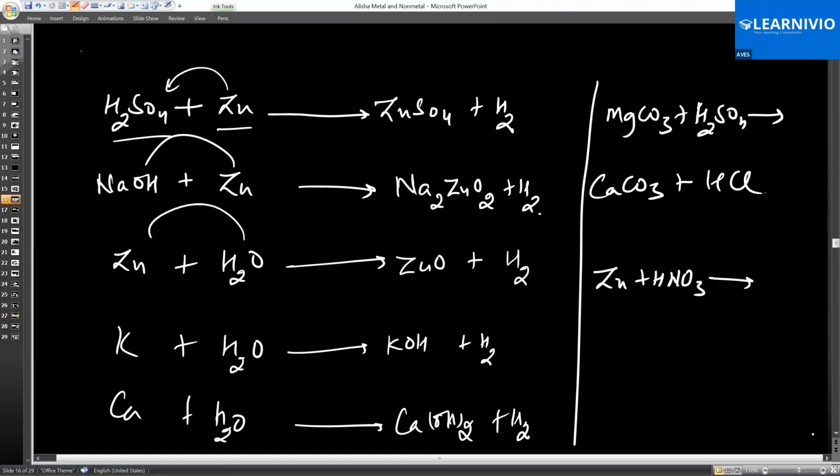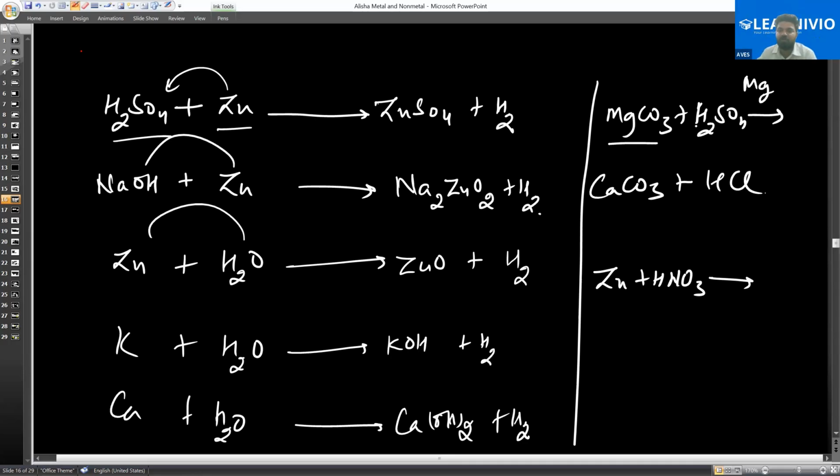That is magnesium carbonate. When it reacts, it is a metal carbonate.